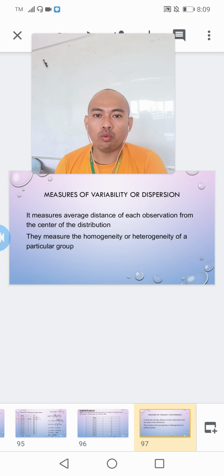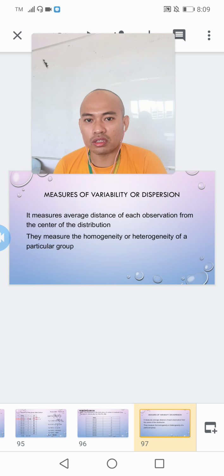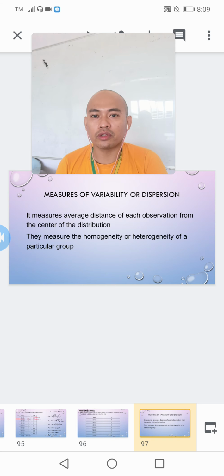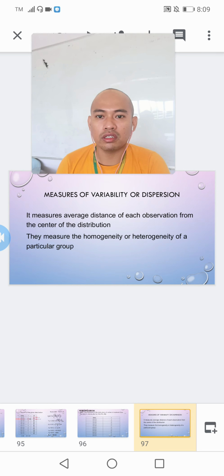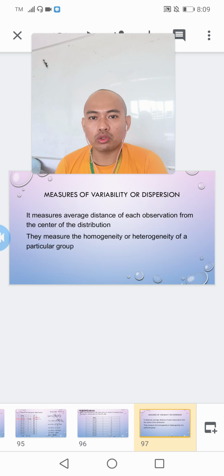When we say variability or dispersion, this is a measure of the average distance of each observation from the center of the distribution. They measure the heterogeneity or homogeneity of a particular group. It is where we can look at whether our data is uniform, consistent or inconsistent, or stable.